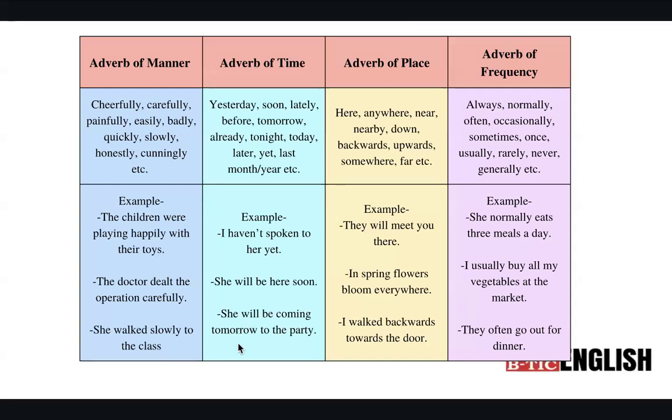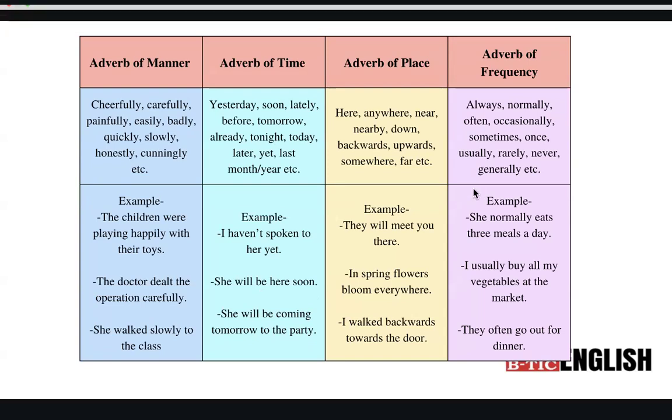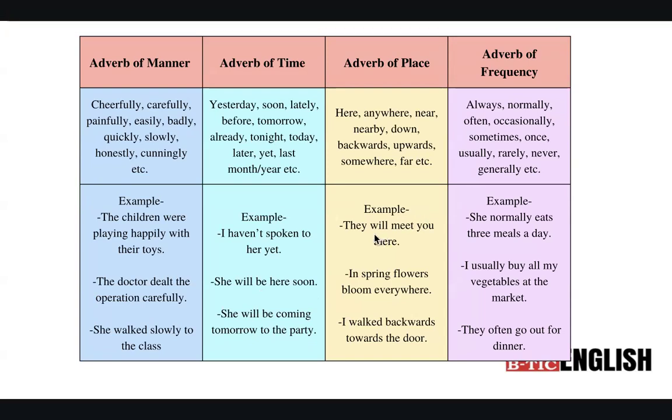She will be coming tomorrow to the party. They will meet you there. In spring, flowers bloom everywhere. I walked backwards towards the door. She normally eats 3 meals a day. I usually buy all my vegetables at the market. They often go out for dinner.